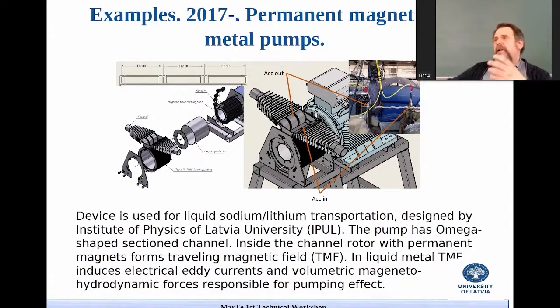They are rotating, and those magnets are surrounded by a pipe, which has a channel with an omega shape. And in that channel, the magnetical field induces electrical eddy currents, and the electrical eddy currents interact with that magnetical field, and finally we get some volumetrical force, and this volumetrical force gives a pumping effect.